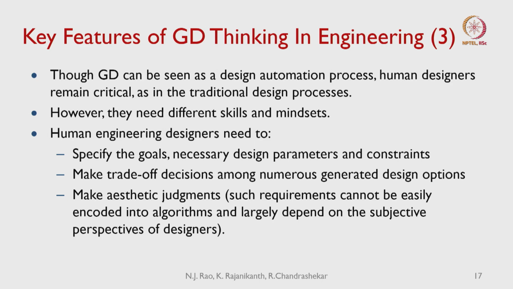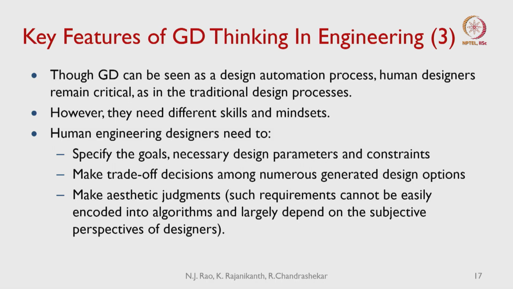Though GD can be seen as a design automation process, as we mentioned just now, human designers remain critical as in the traditional design process. However, they need different skills and mindsets. So, human design engineers need to specify the goals, necessary design parameters and constraints. How to specify it in a form that the system would need, engineers need to be trained, design thinkers need to be trained.